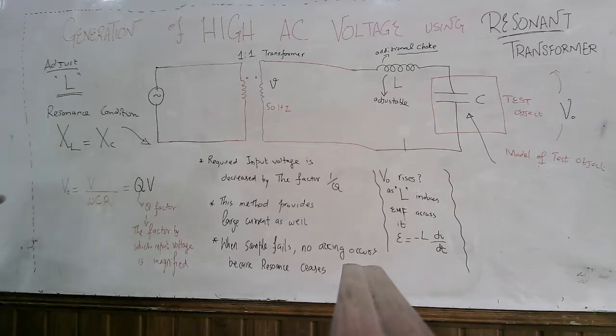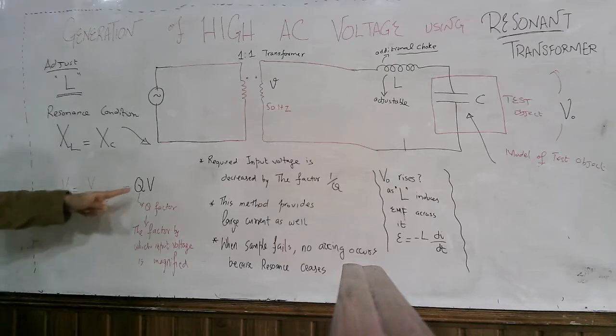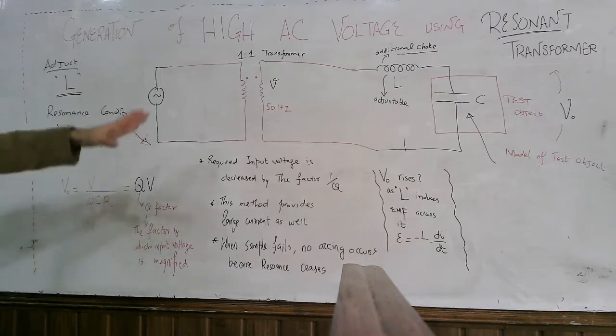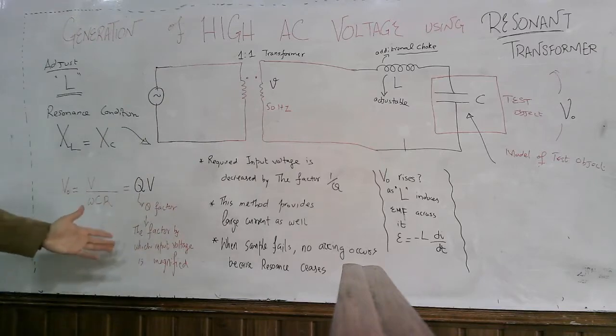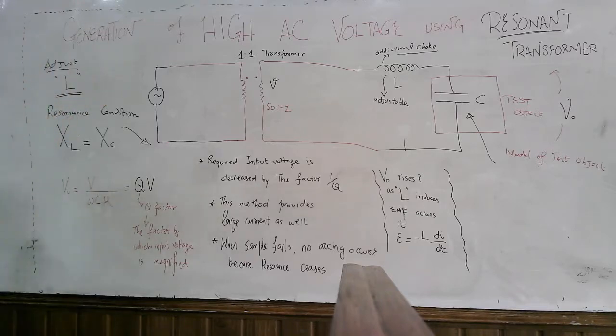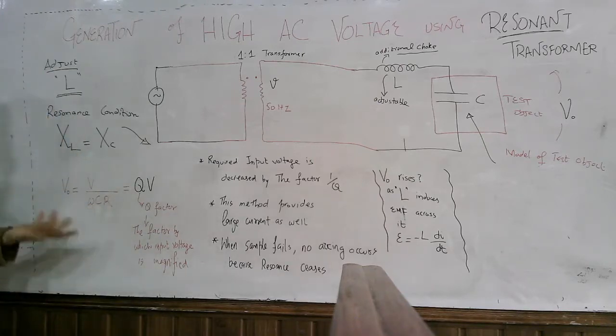It is also equal to QV, because Q is equal to 1 divided by omega CR. Q is also known as the Q factor; it tells us the factor by which the input voltage is magnified, because when we have a resonating LC circuit the voltage gets magnified, and the Q factor tells us how much the voltage is magnified.